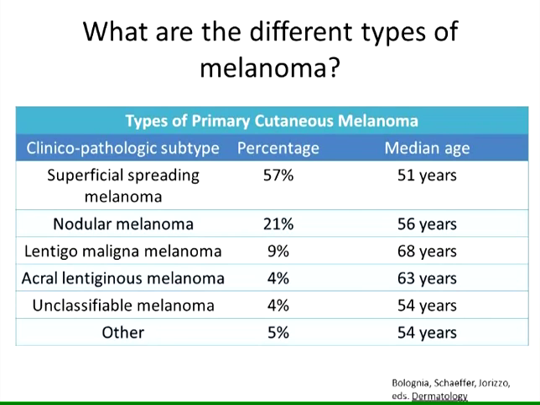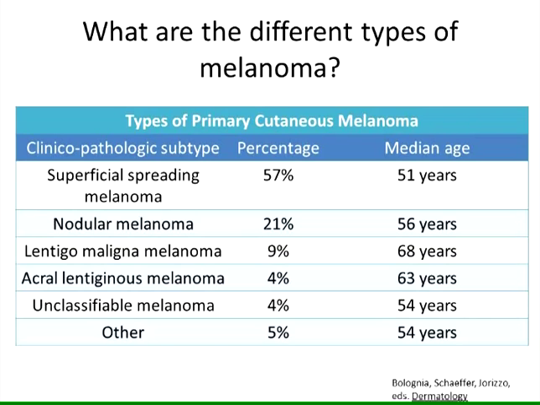Nodular melanoma is less common, but it is actually more dangerous and presents around the same time of life. Lentigo maligna melanoma tends to occur on sun-damaged skin. It doesn't tend to run in families as commonly, and it tends to present much later in life and only accounts for about 10% of melanomas.